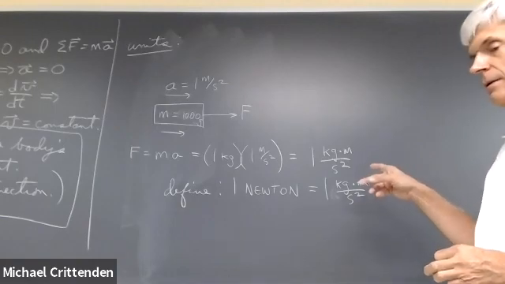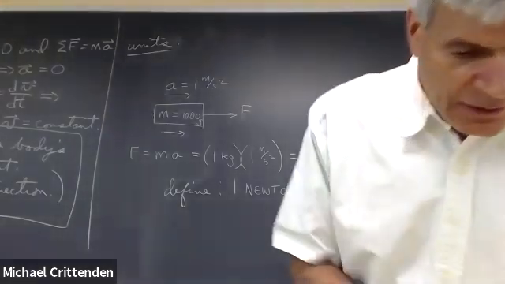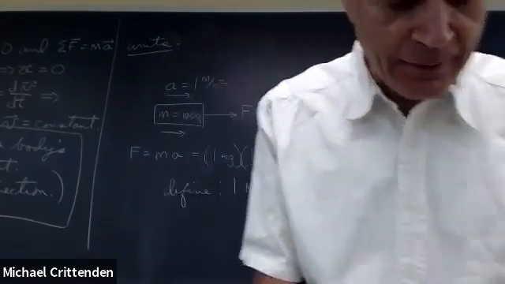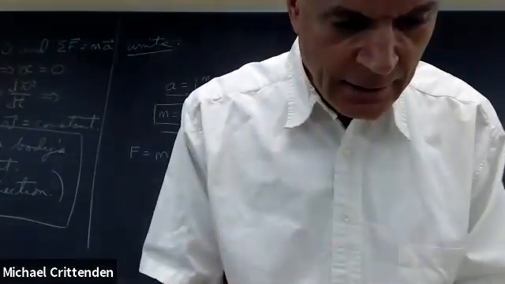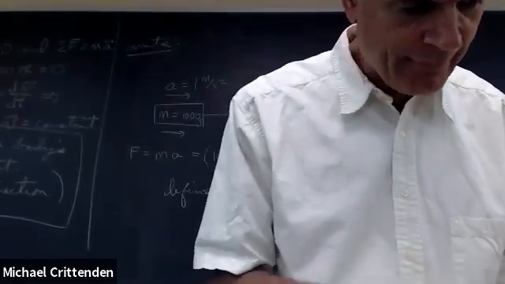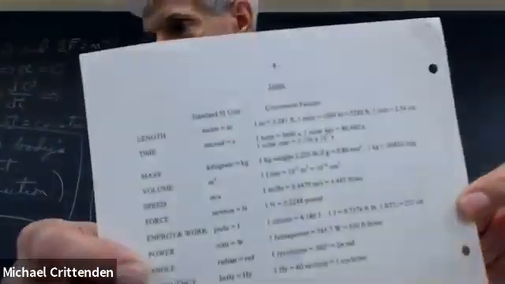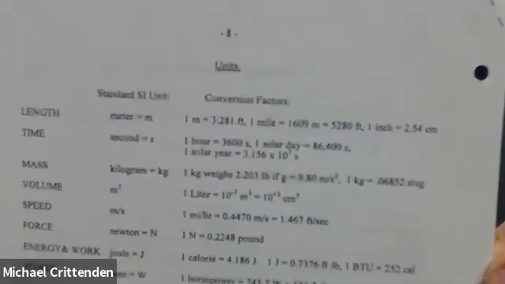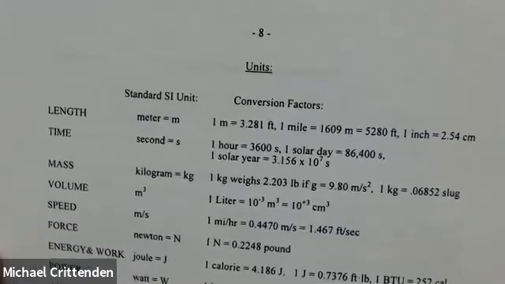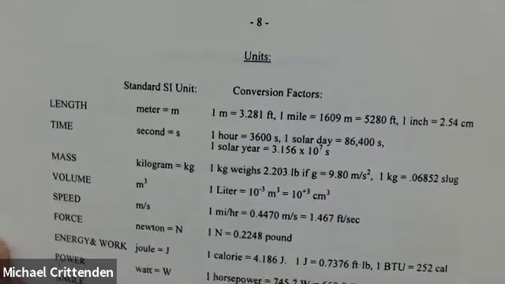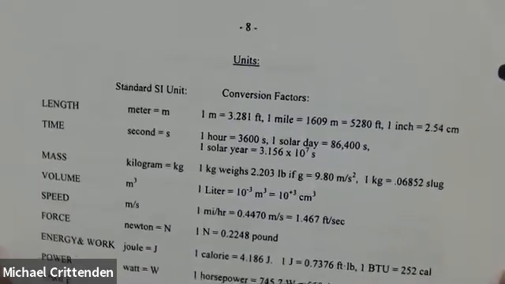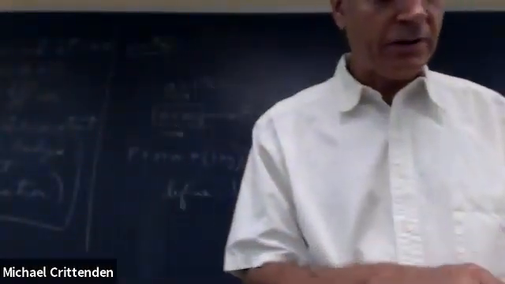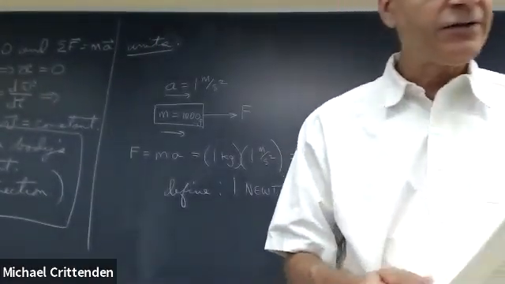So here, let me grab the formula sheet, which I think I have right here. Yes, how convenient. The last page of the formula sheet. Notice there is this column that says standard SI unit: length, meter; time, second; and it goes on down, pascals for pressure and all that sort of thing. Pascal was somebody's name too.